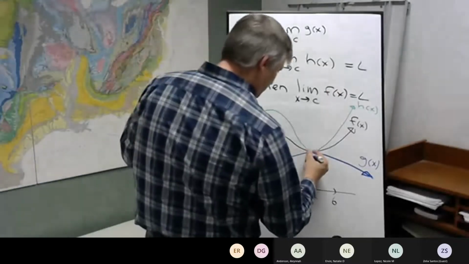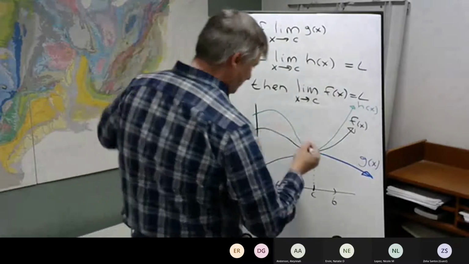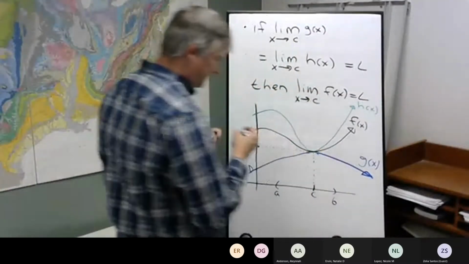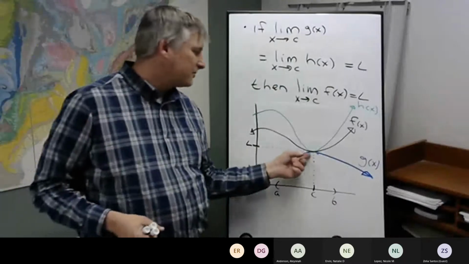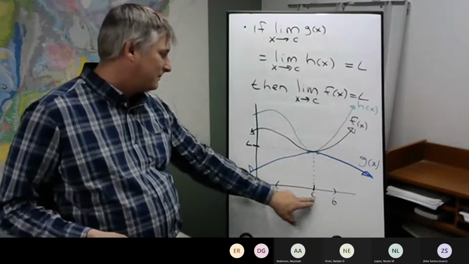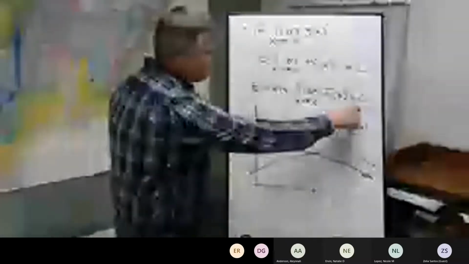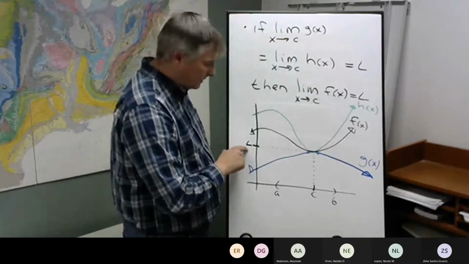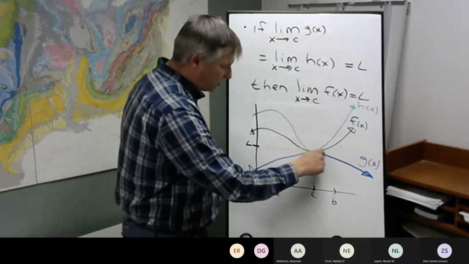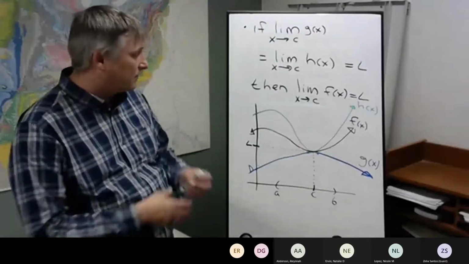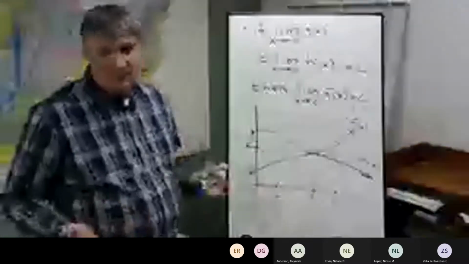I'm going to make this a little more accurate. They're kind of overlapping here. These three functions are converging, or coming very close to converging, at C. So if we know h of x and g of x converge to the same limit, then if there's something between these functions, it's also going to have a limit, or converge, at that same point. So that's the idea of the sandwich theorem.